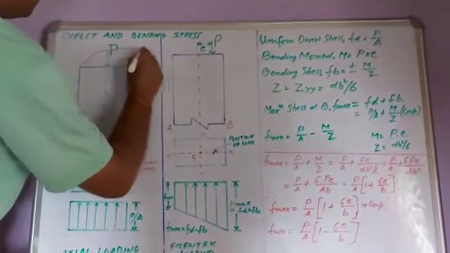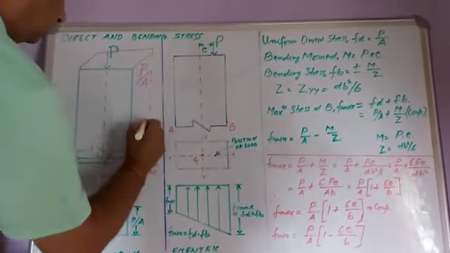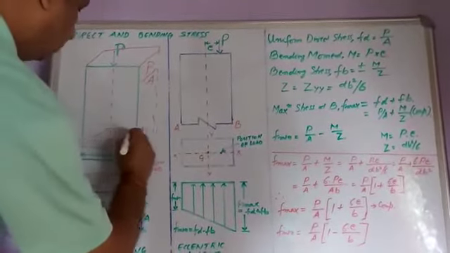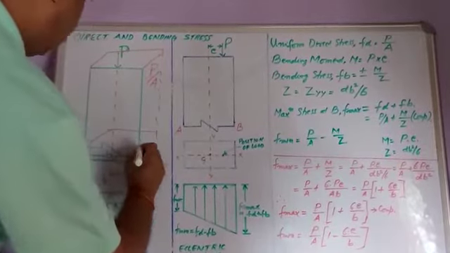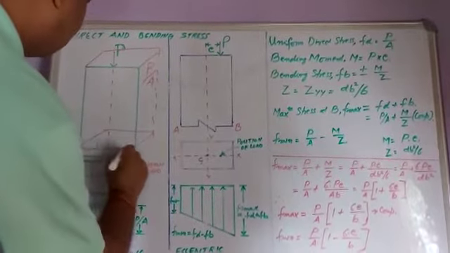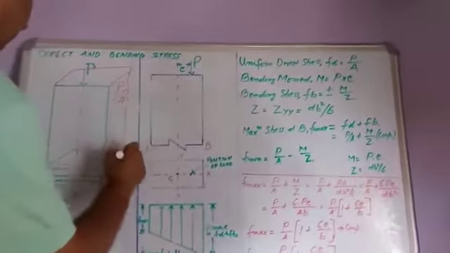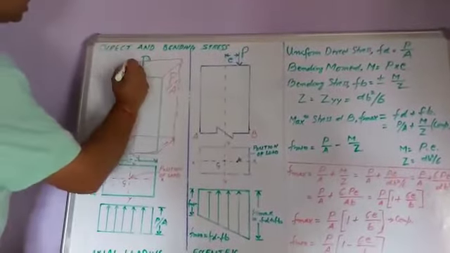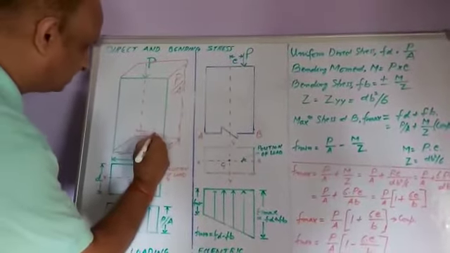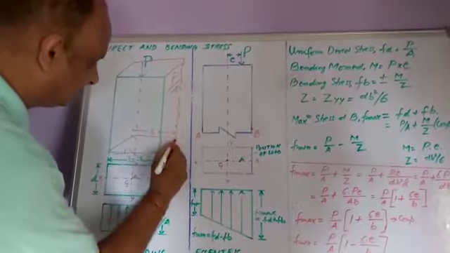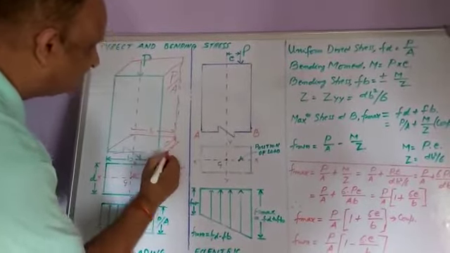Where is the area? You see over here. This is the area. This distance is B and the thickness here is D. So B into D is the area.